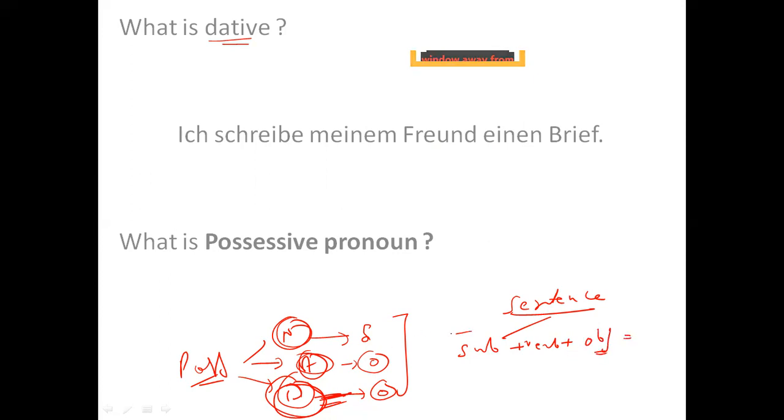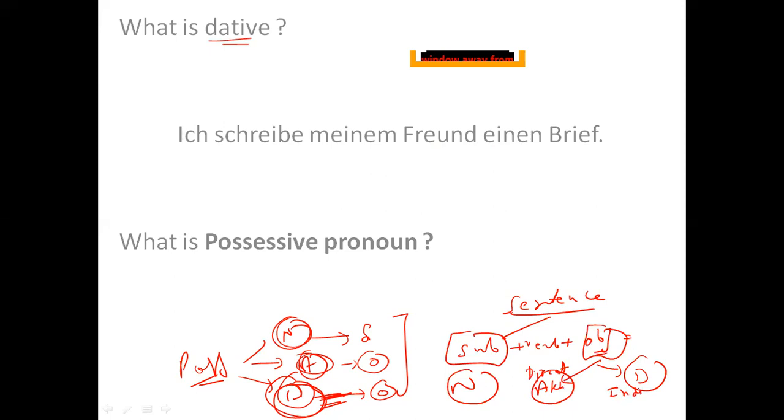So this subject is known as nominative, right? This object we can call accusative, or we can call it dative. That depends on whether this object is a direct object or an indirect object, right?